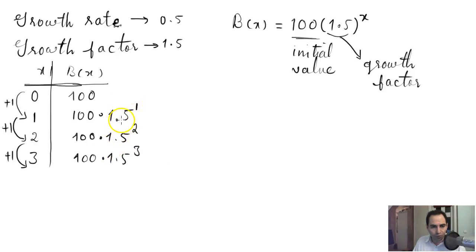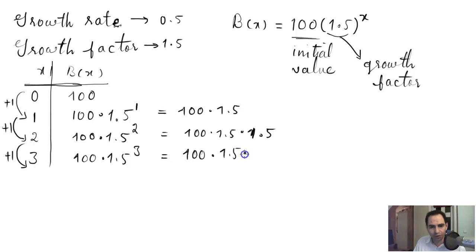So this means 100 times 1.5, this means 100 times 1.5 times 1.5, this means 100 times 1.5 times 1.5 times 1.5.